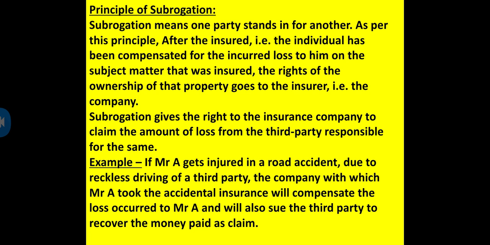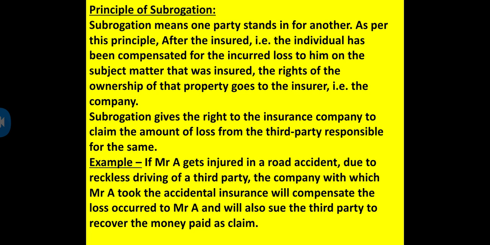If Mr. A gets injured in a road accident due to reckless driving of a third party, the company from which Mr. A took the accidental insurance will compensate the loss occurred to Mr. A and will sue the third party to recover the money paid as claim.